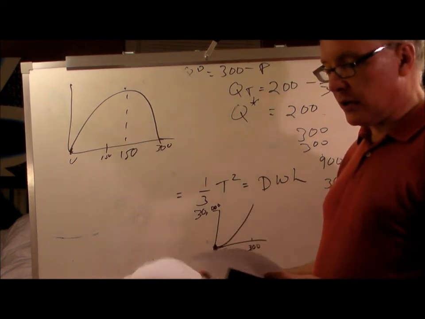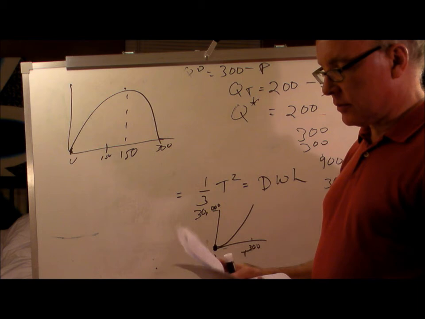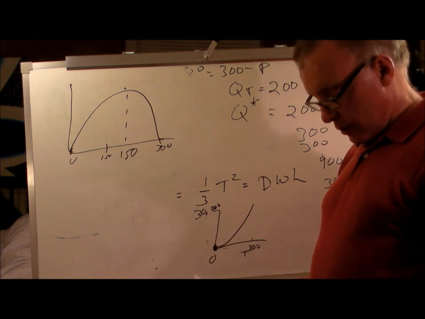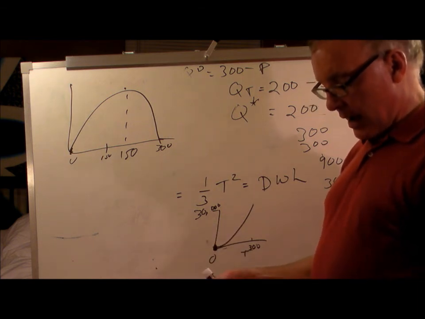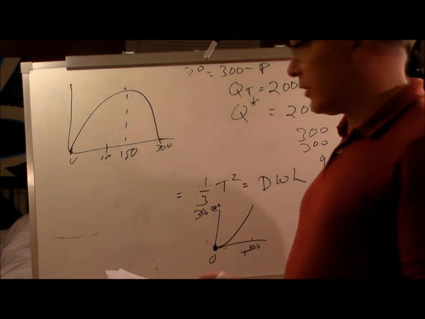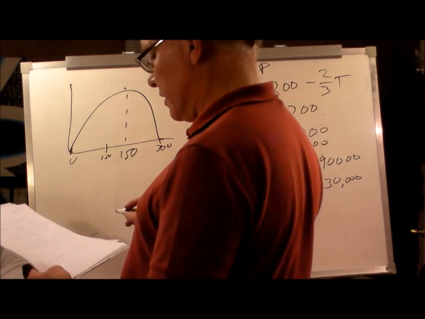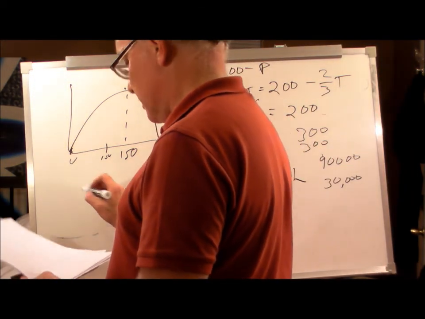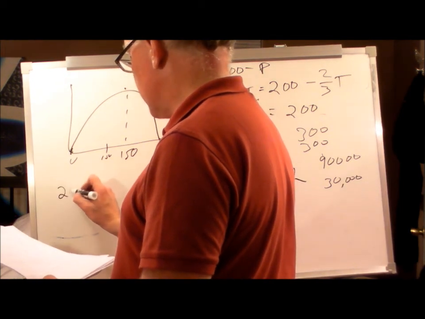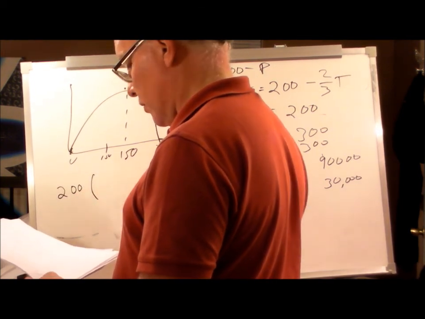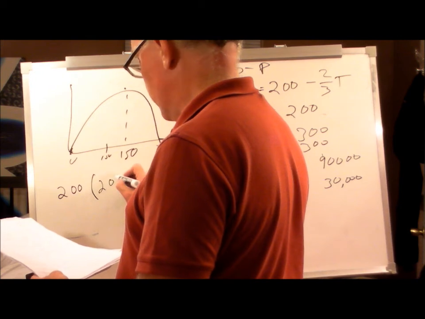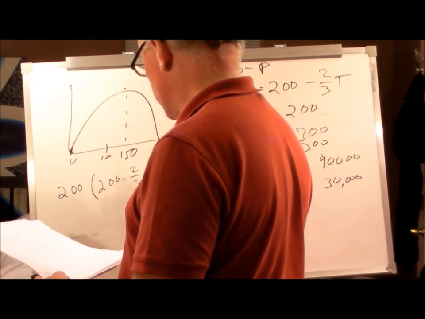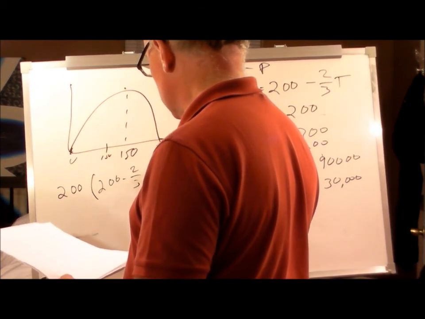But the last thing I want to do is prove to you that the revenue would be the same at 200 and at 100. So remember, the revenue is the quantity times the tax. So if the tax is 200, the quantity is going to be 200 minus 2/3 of 200.